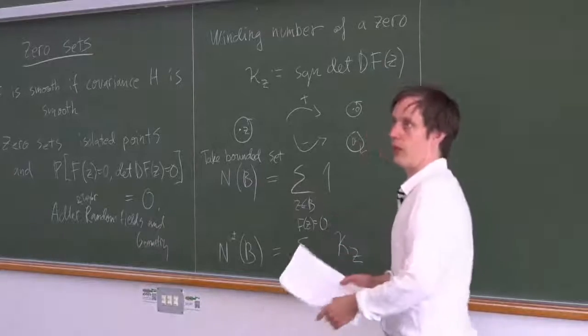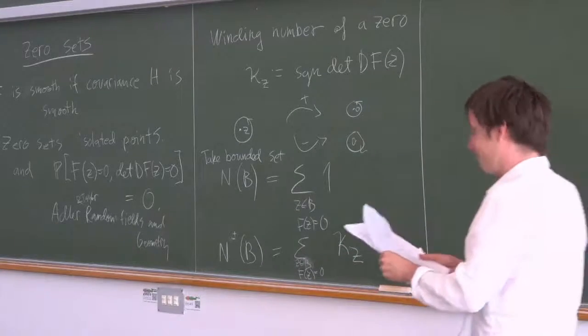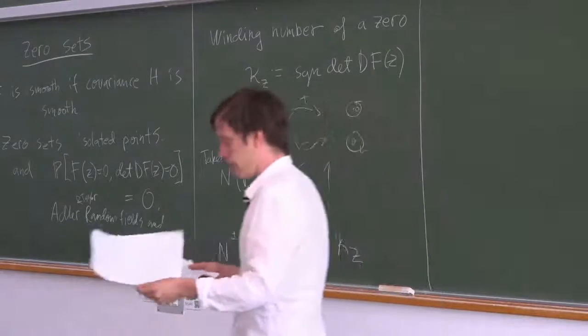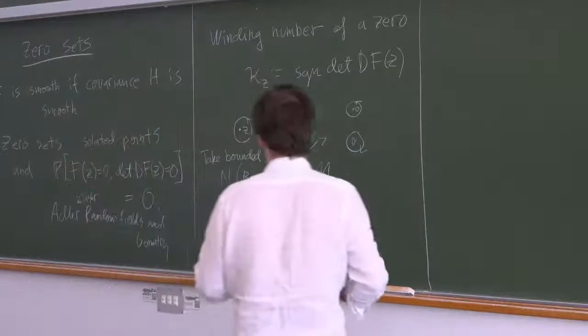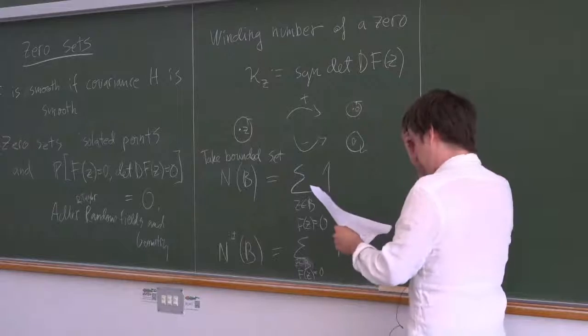And this is the random variable n plus-minus of B.